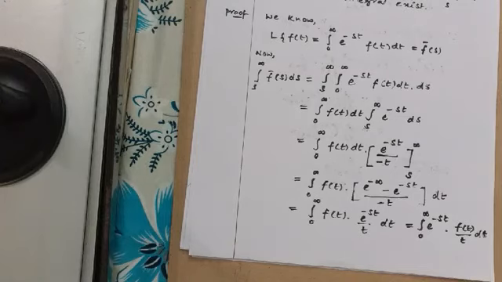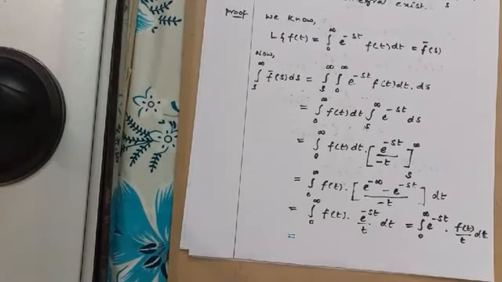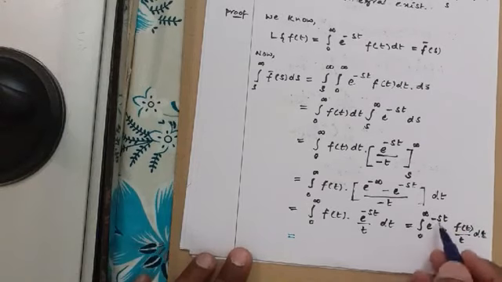Then this is equal to, now you can see here, this is integral 0 to infinity e power minus st into f of t by t dt.